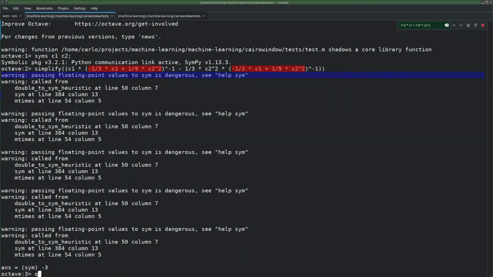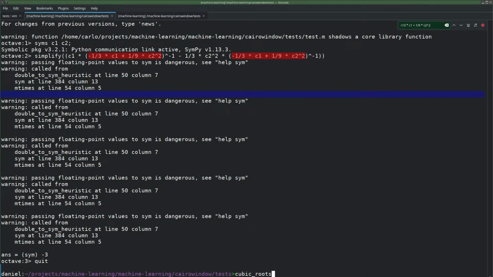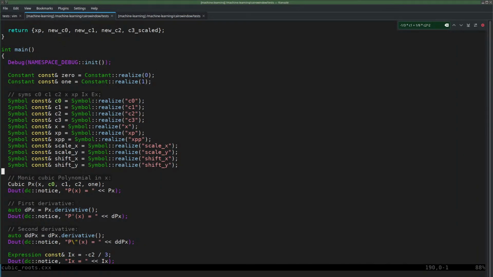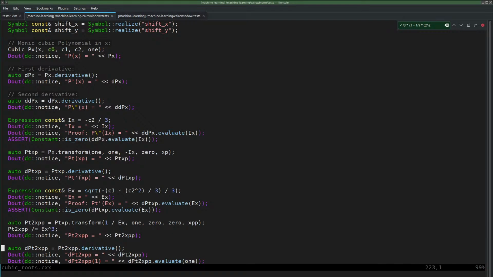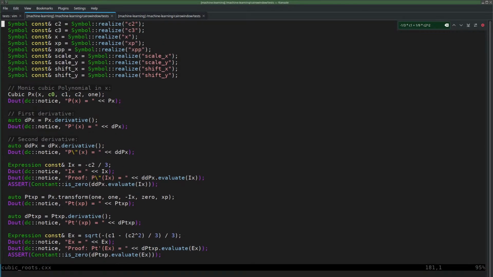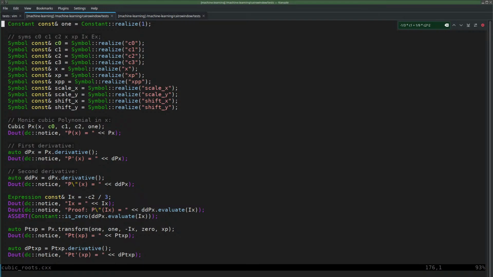Okay, I want to try to only use transform. So you begin with, hello, Siddhant Chapade. Let's begin with C3, why not?